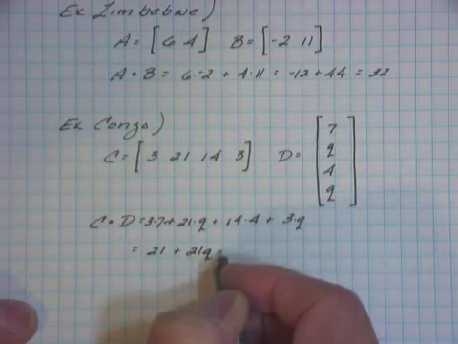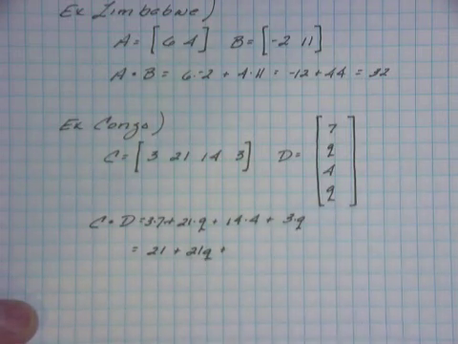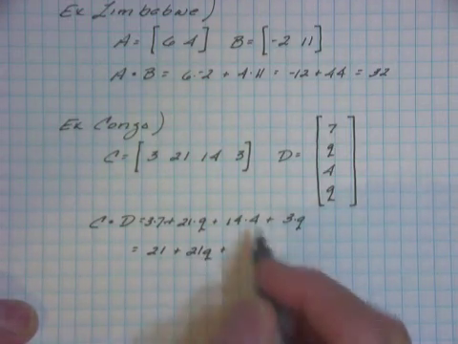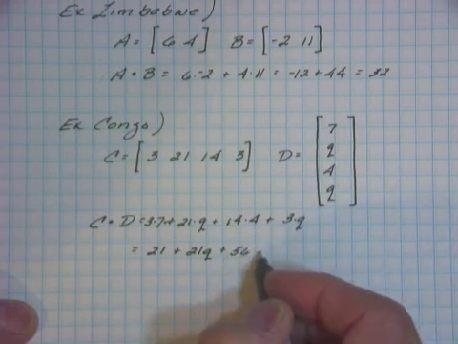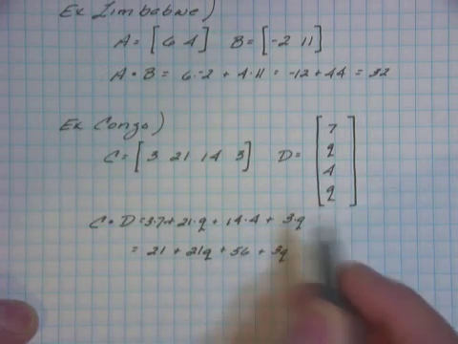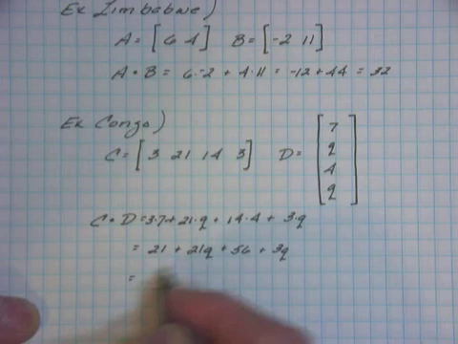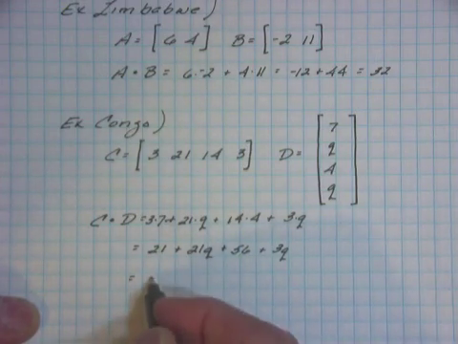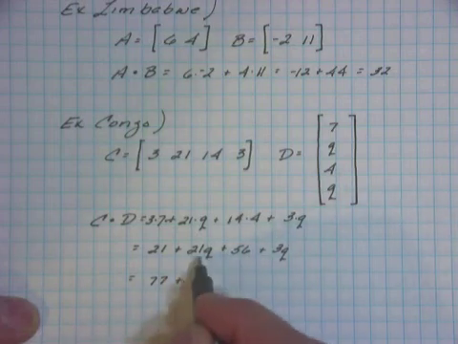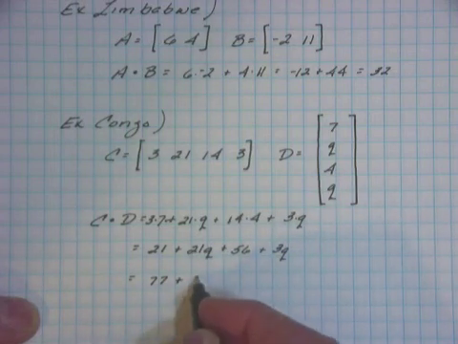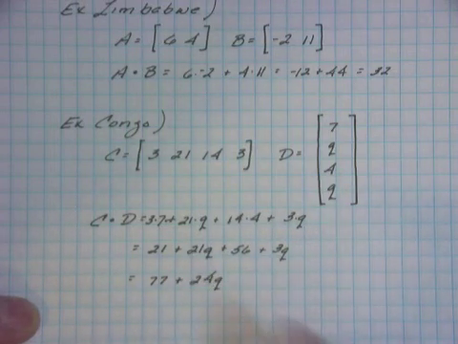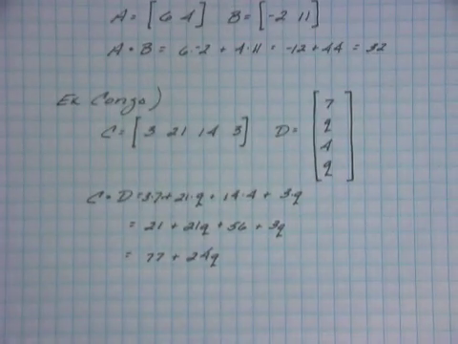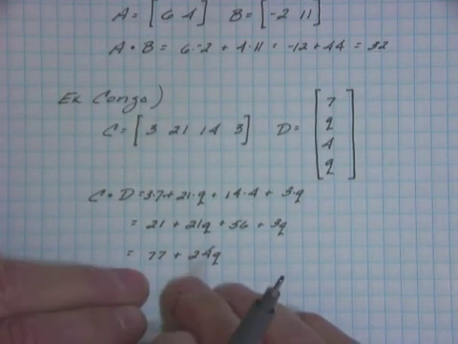Okay, so that is 21 plus 21Q plus 56 plus 3Q. Okay, combine the like terms. So that's 21 plus 56 is 77, plus 21Q plus 3Q is 24Q.